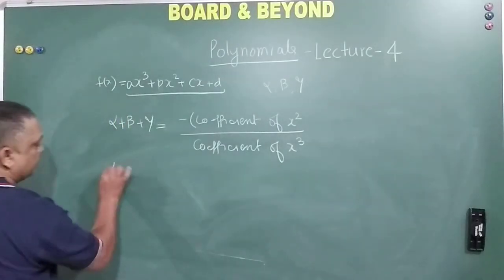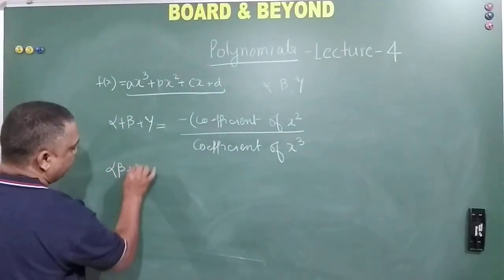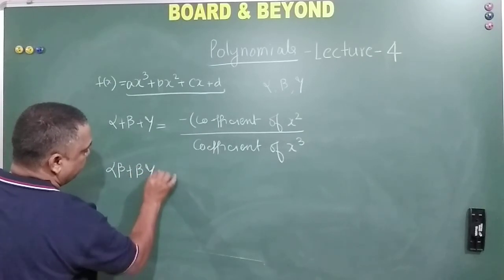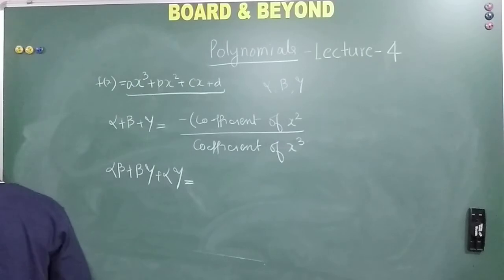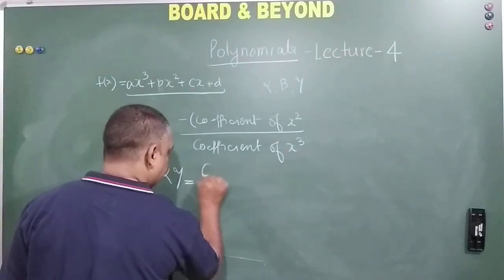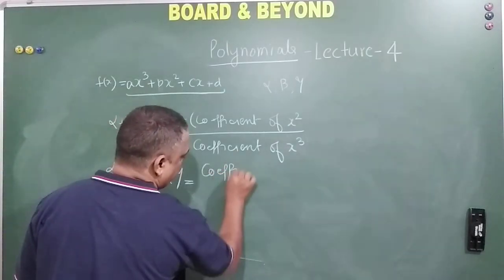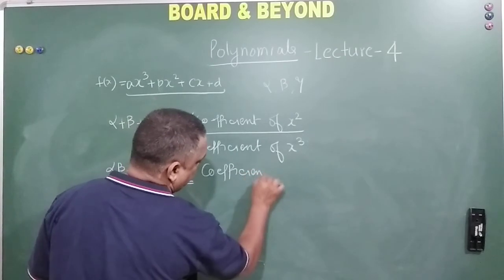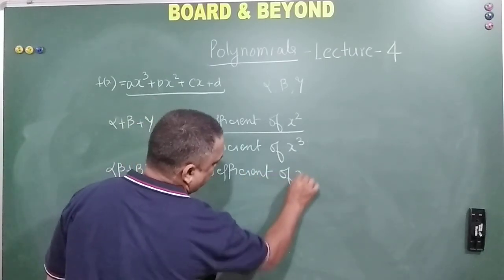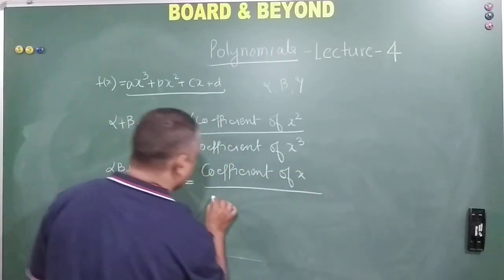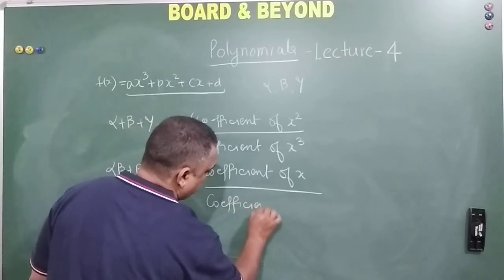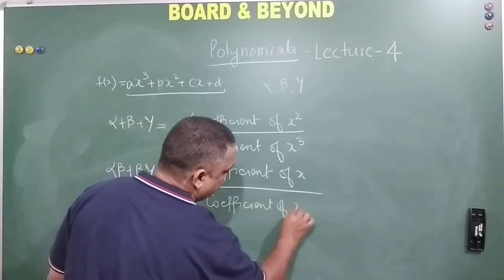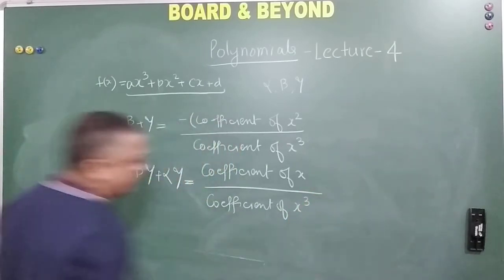Now let's come to alpha beta plus beta gamma plus alpha gamma. This is equal to the coefficient of x divided by the coefficient of x cube again.